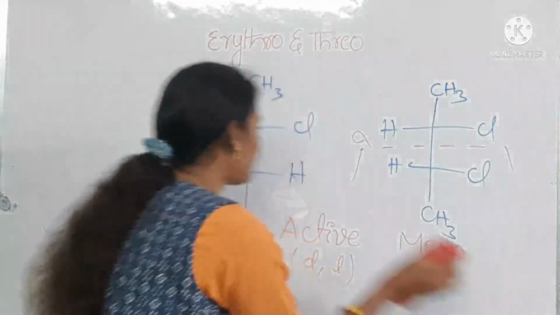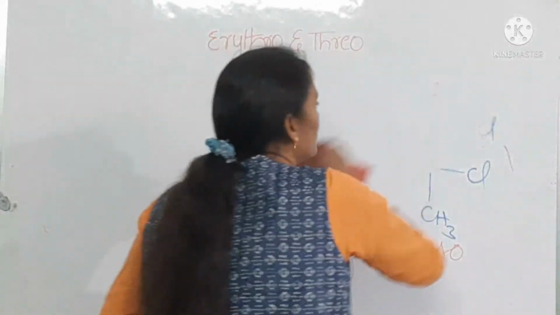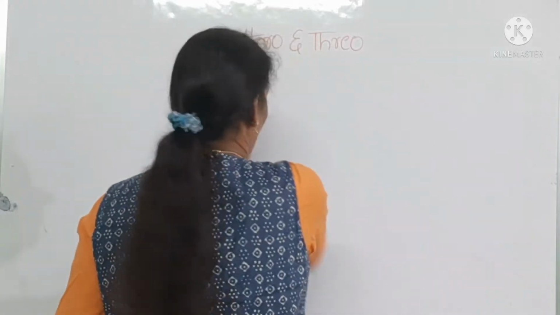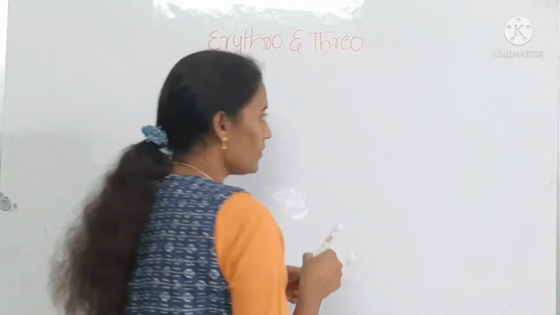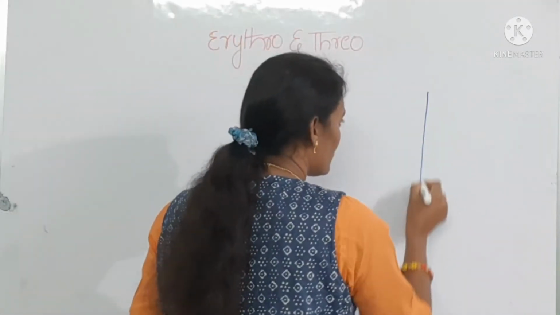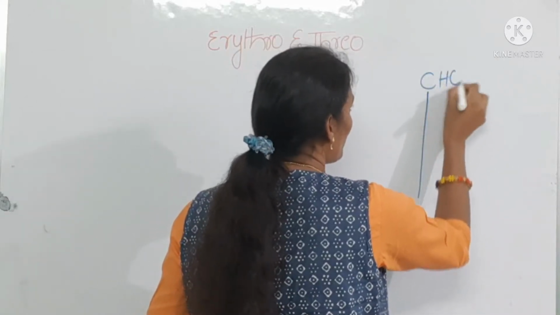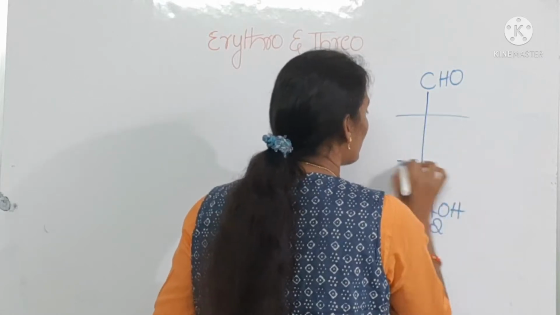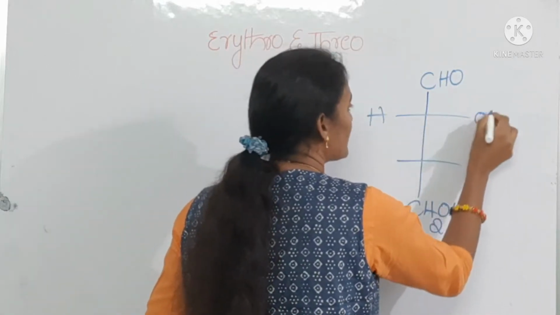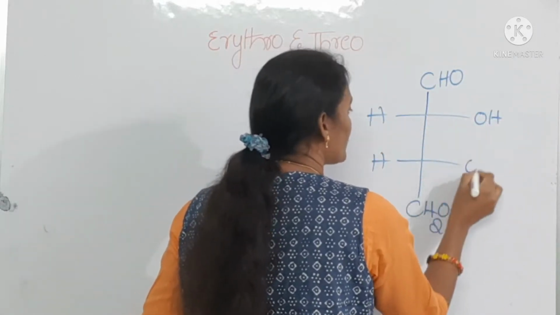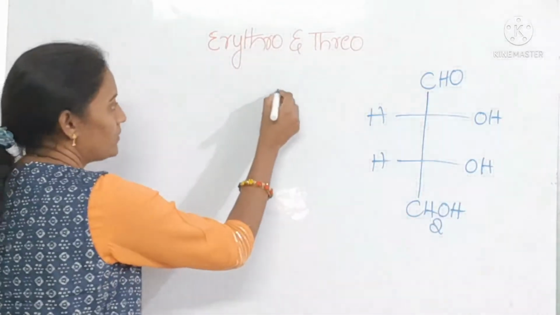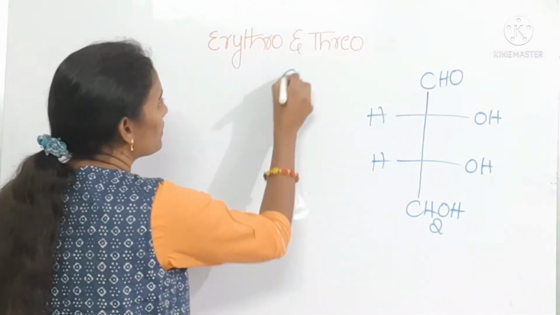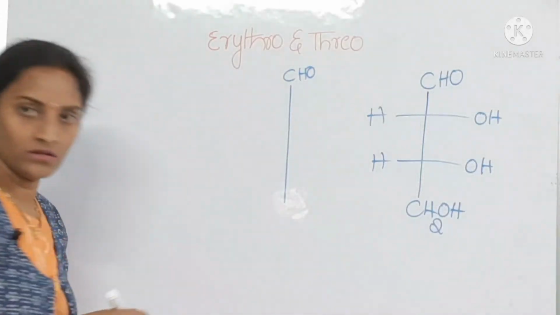Coming to the next example. See, CHO, CH2OH, it's an aldose, students. HOH, HOH, and CHO.